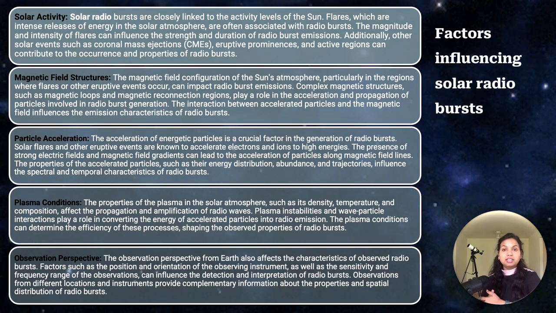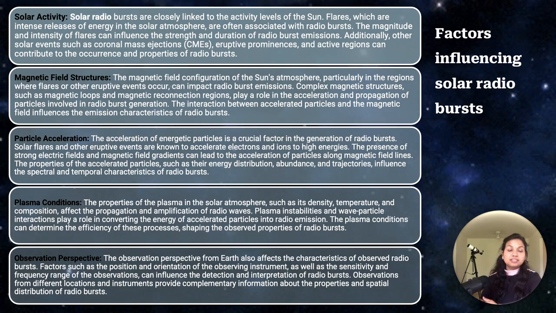Flares, which are intense releases of energy in the solar atmosphere, are often associated with radio bursts. The magnitude and intensity of a flare can influence the strength and duration of radio burst emission. Additionally, other solar events such as coronal mass ejections, eruptive prominences, and active regions can contribute to the occurrence and properties of solar radio bursts.